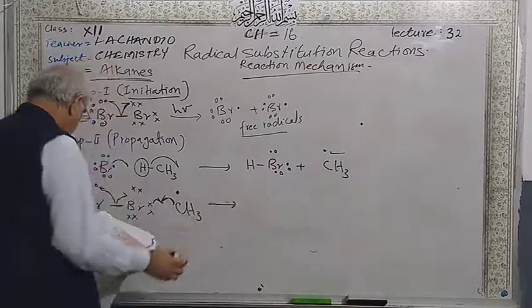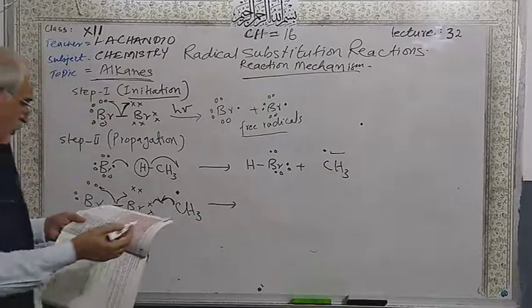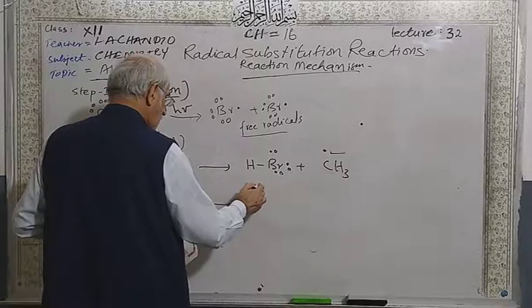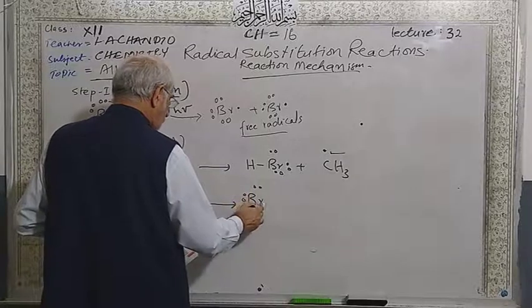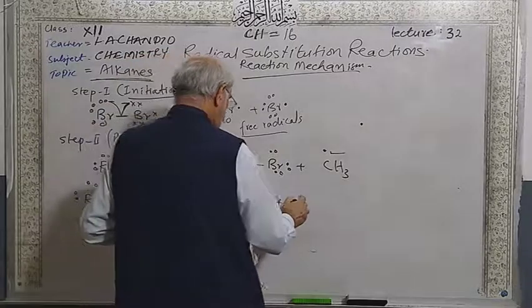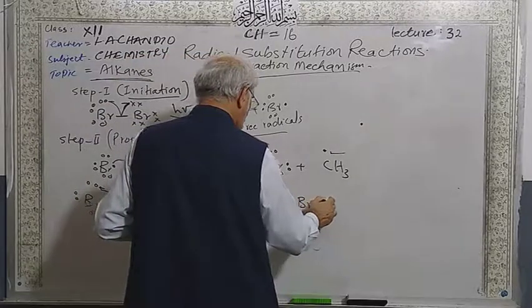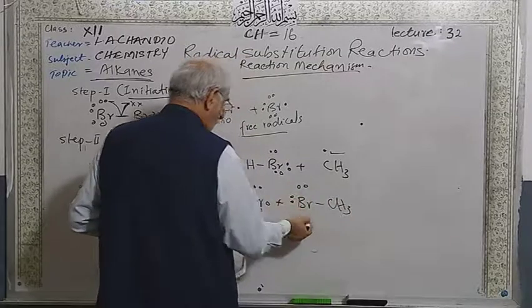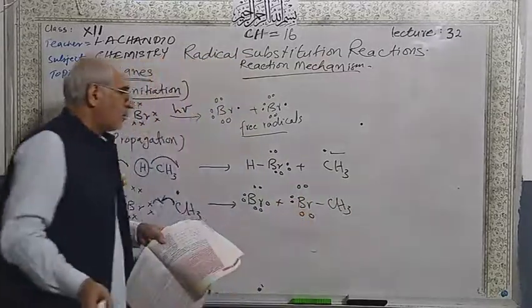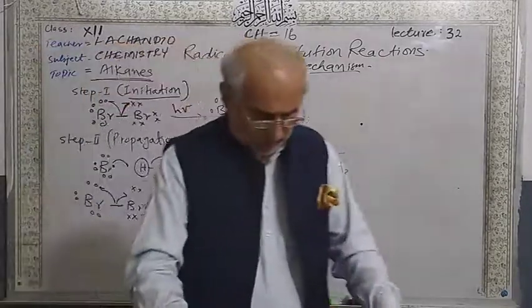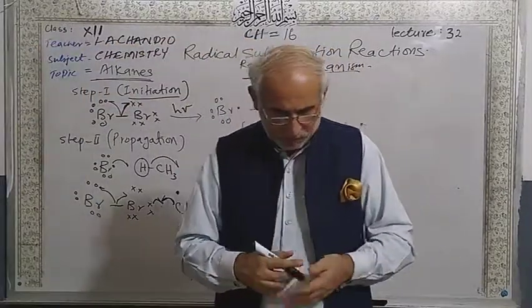So that's why a bromine free radical is again going to be formed, because one is separated out. This is a free radical, and methyl bromide, or bromomethane, is going to be formed here.